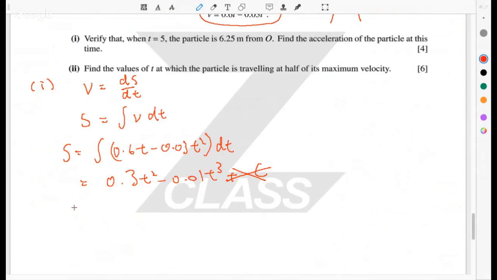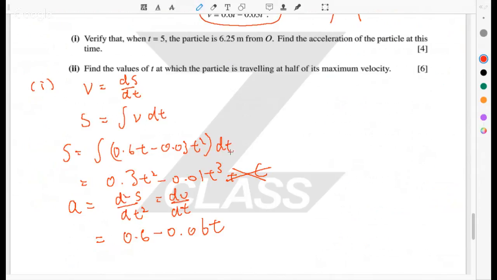In order to find a from v, we know that a is equal to d2s by dt squared, which is just dv by dt. And if we differentiate the expression we had from the question, we'll get 0.6 minus 0.06t.